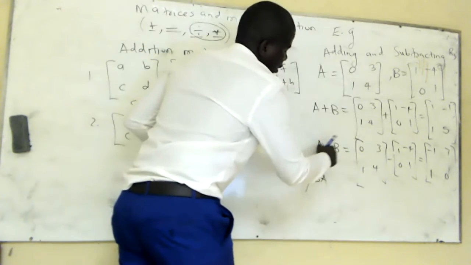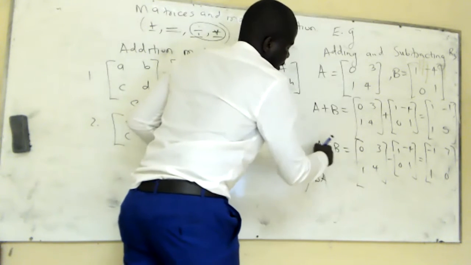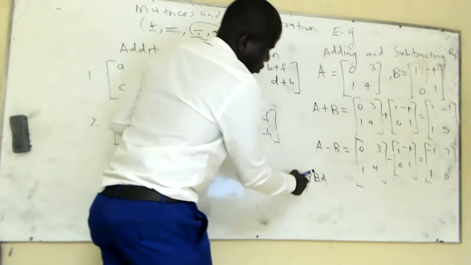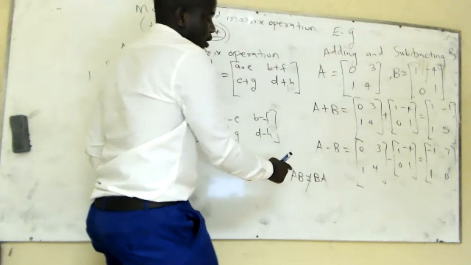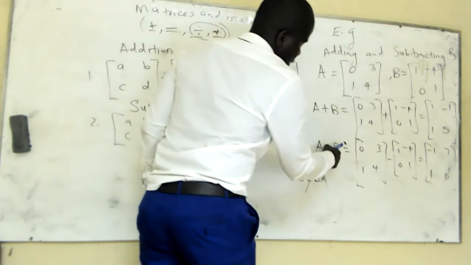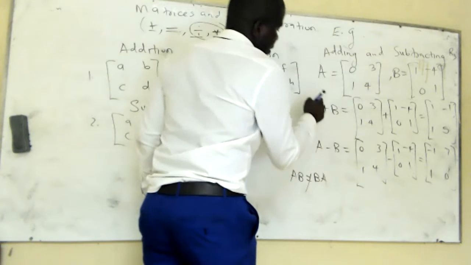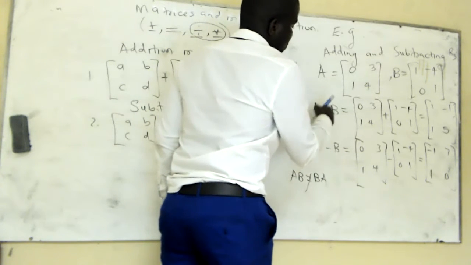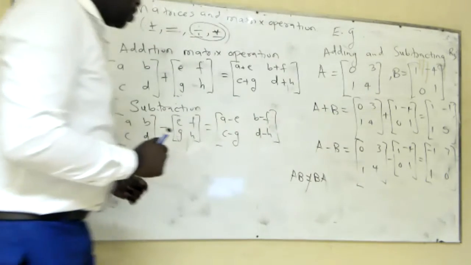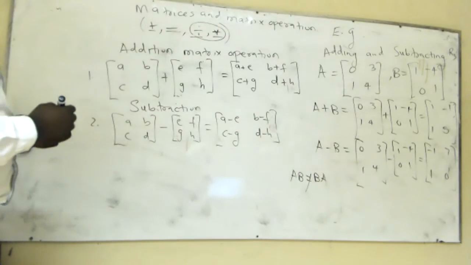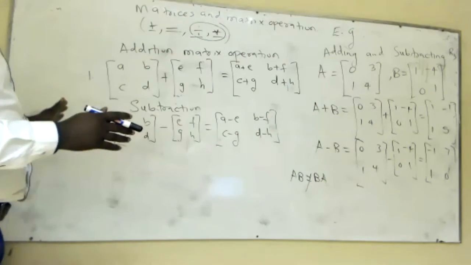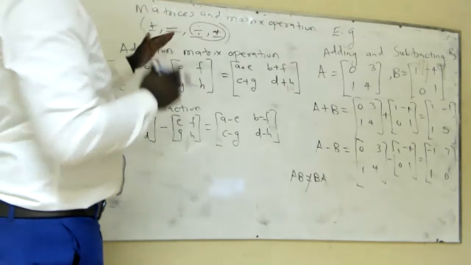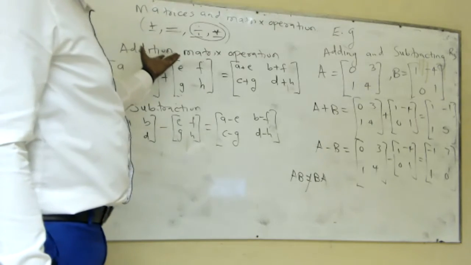Sorry about this. You must take note of this. It's only for the multiplication where it's not the same. So A plus B is the same as B plus A. So that is fine with regard to that. Those are the two operations which are not affected. They are the same as with the real numbers.